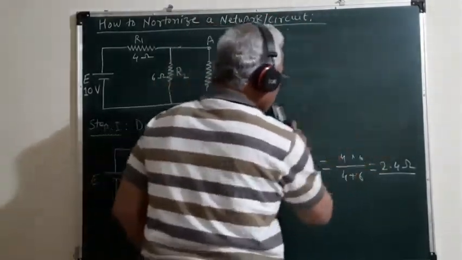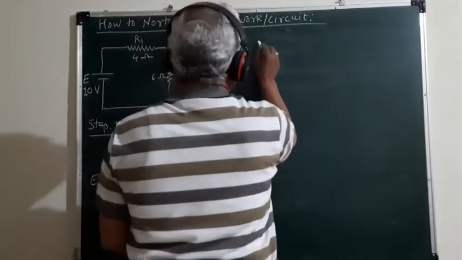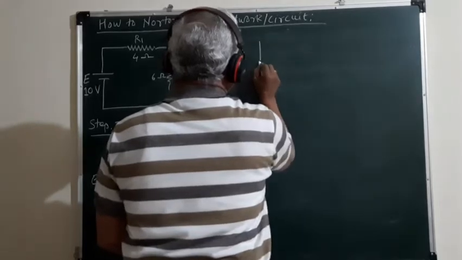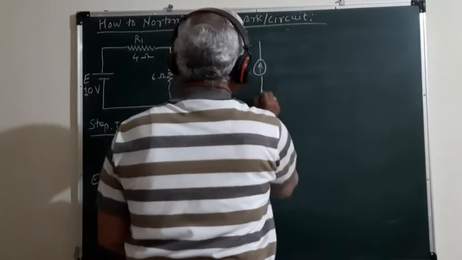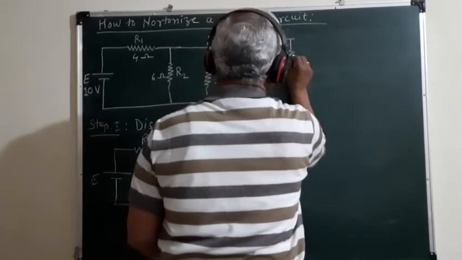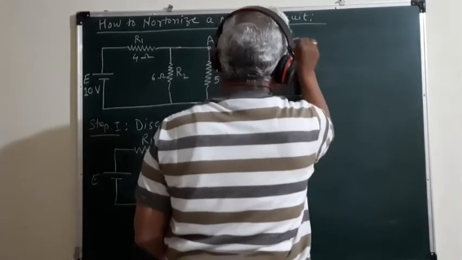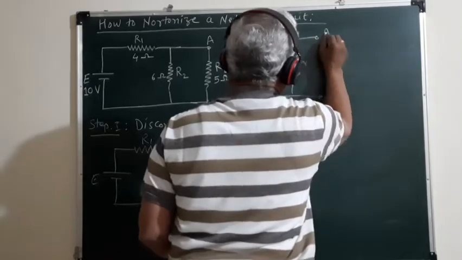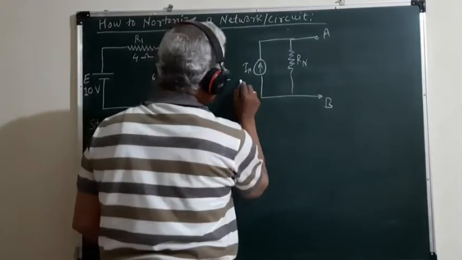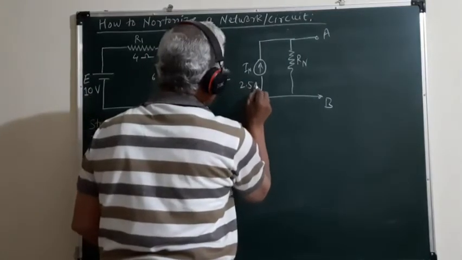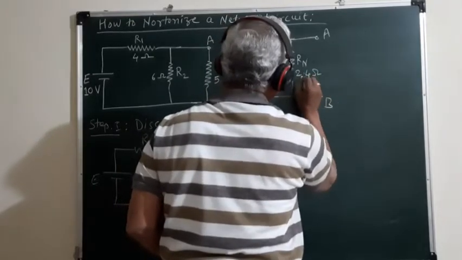It consists of a constant current source IN in parallel with an equivalent resistance called Norton resistance RN, with the terminals A and B. The value of IN is 2.5 ampere, and the value of RN is 2.4 ohm.